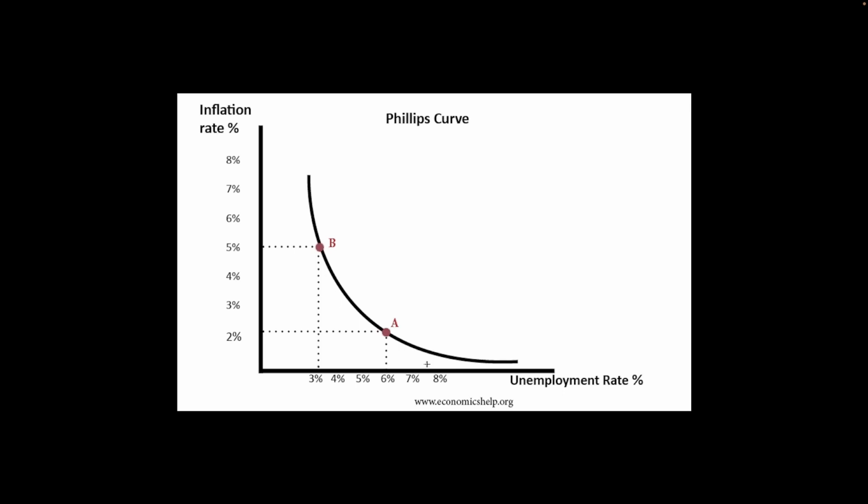Why? Because people aren't in work, they aren't able to demand higher wages, they have to accept lower wages from companies, and as a result, that puts less inflation into the economy. So high unemployment is deflationary.